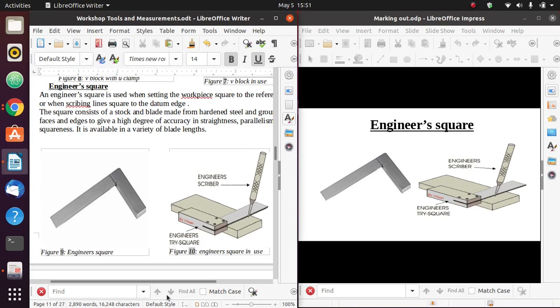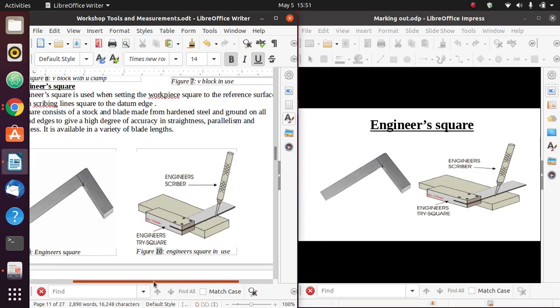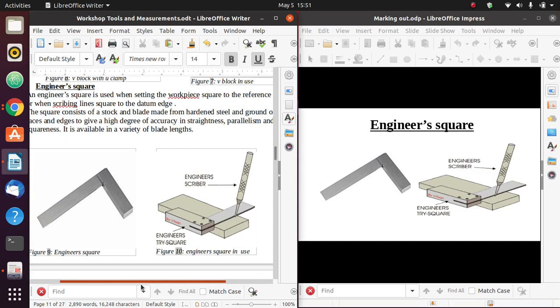Now, we use this engineer square when setting the workpiece square to the reference table. What do I mean by this? Kama sahi, katika hii diagram ambayo tunaona sahi, if I want to draw a line and I want it to be square, I want it to be perfectly straight. Nisichore a line alafu ikaenda hivi, ikaenda combo.